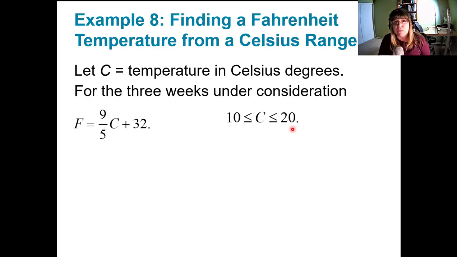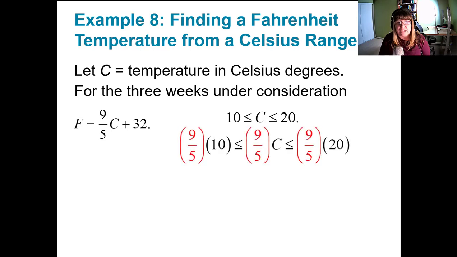Very similar to what we did in the last problem, we're going to break apart the F equals and turn this C into 9/5 C plus 32, and then we can replace it with an F. So first things first, I need to multiply all three sides by 9/5. 9/5 times 10 is less than or equal to 9/5 C is less than or equal to 9/5 times 20.